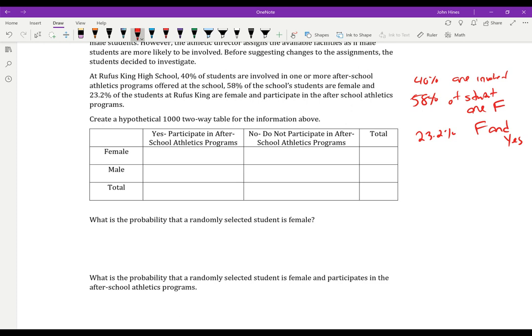So let's use these numbers to create a hypothetical 1,000 two-way table. I don't know how many kids are at Rufus King High School, but I'm going to assume there's 1,000.